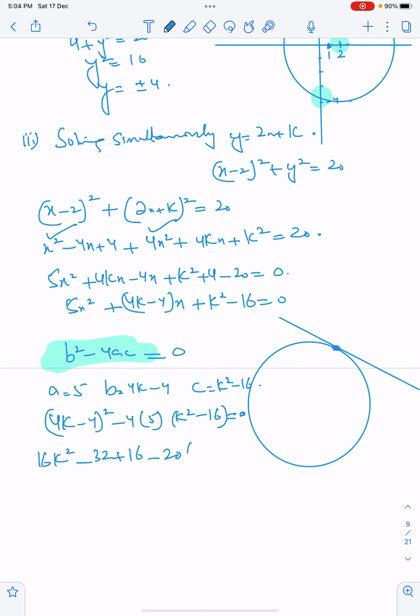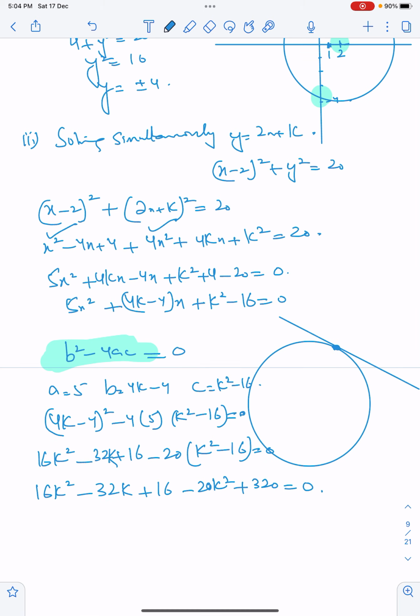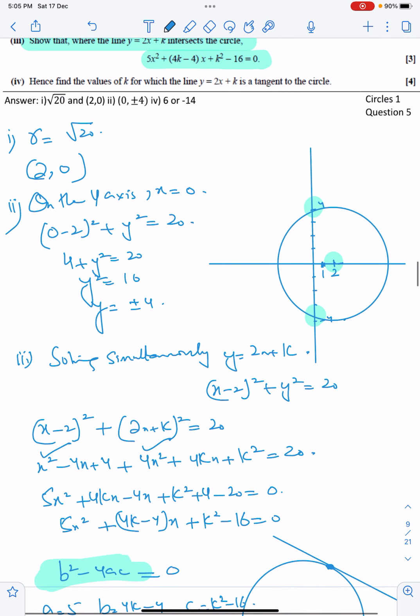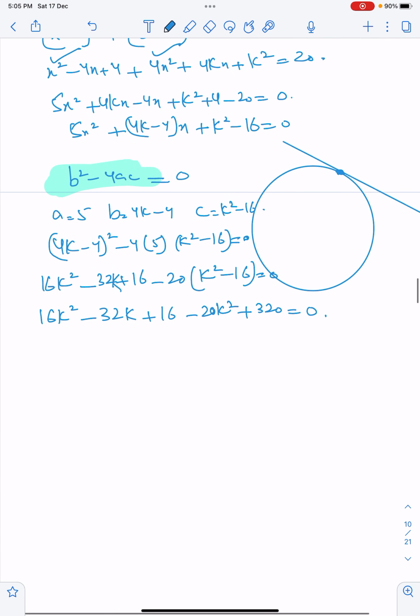Minus 20 into (k square minus 16) equals 0. k square minus 32k plus 16 minus 20k square plus 320 equals 0. So we have to find out the values of k for which it equals 0.